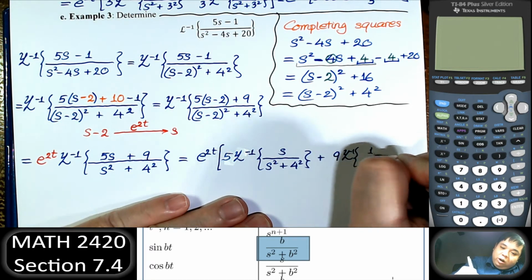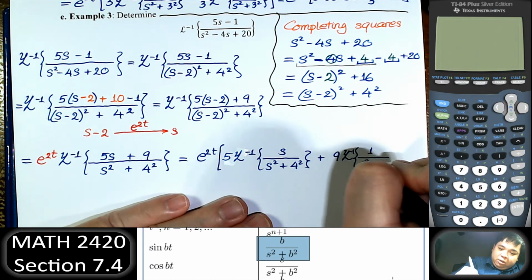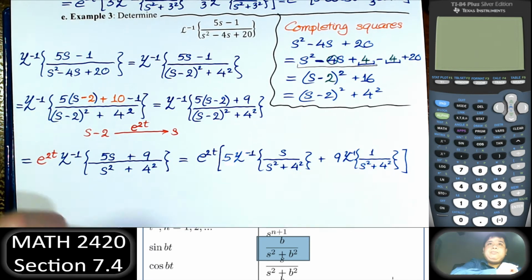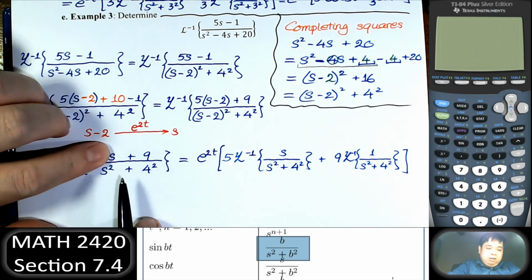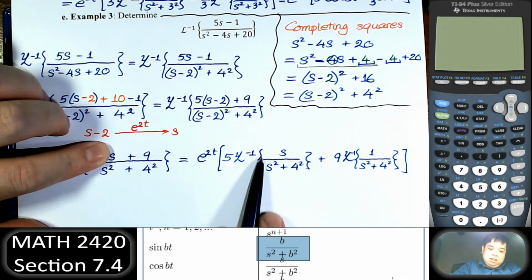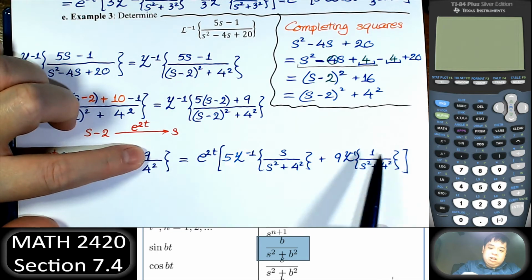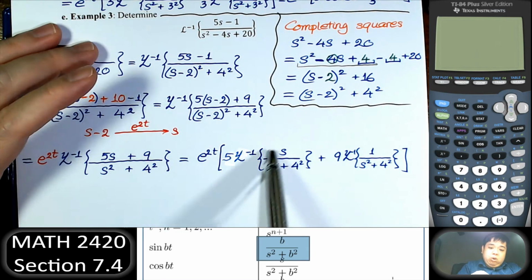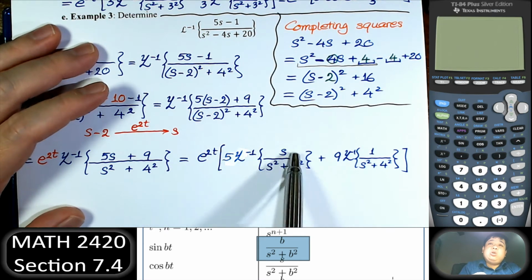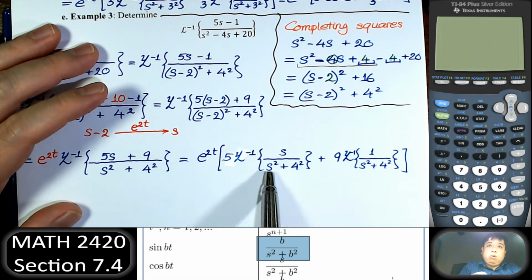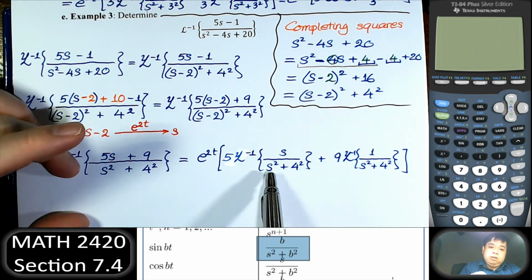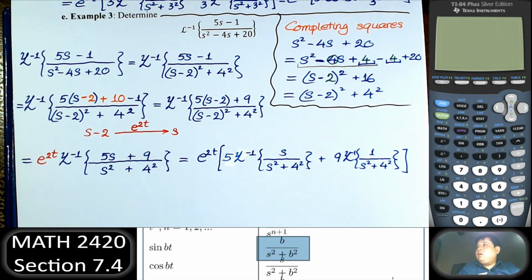So we just have 1 over s squared plus 4 squared. So linearity: 5 times s over that, and then plus 9 times 1 over that. Now what next is, of course, we know this is the inverse transform. That is the formula, so the inverse Laplace transform of this is going to be cosine.